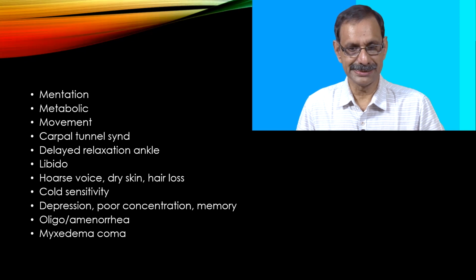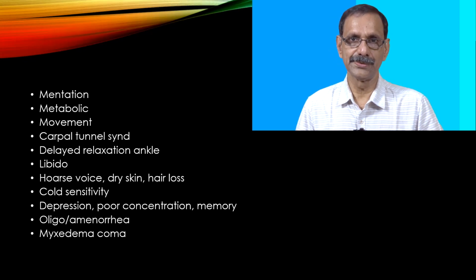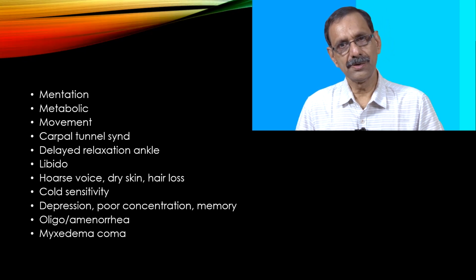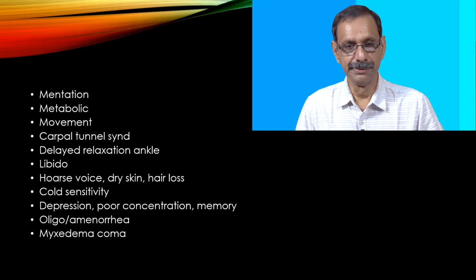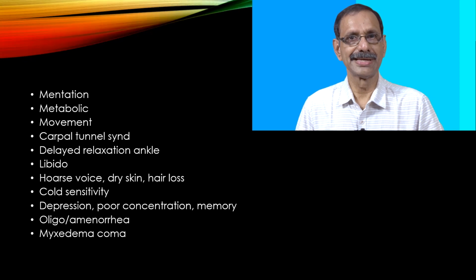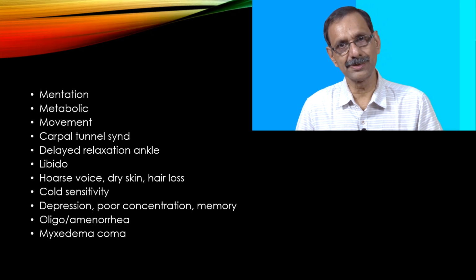So that is the mentation part. Metabolic means your heart rate comes down, you are cold intolerant because you do not produce enough heat by metabolism, and all the metabolic components are at low ebb. And movement, you do not feel like moving around. Even the intestinal movements are reduced so much, so you become constipated.